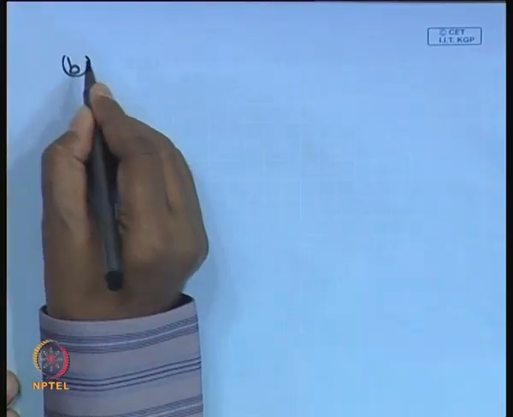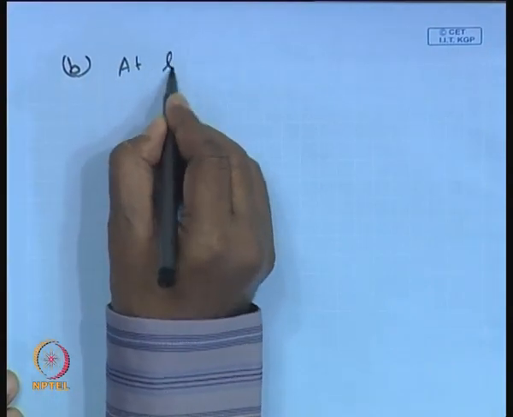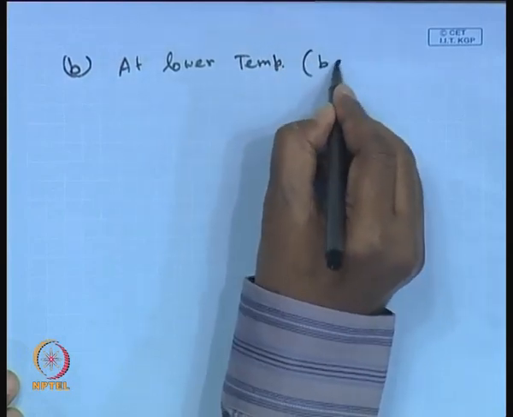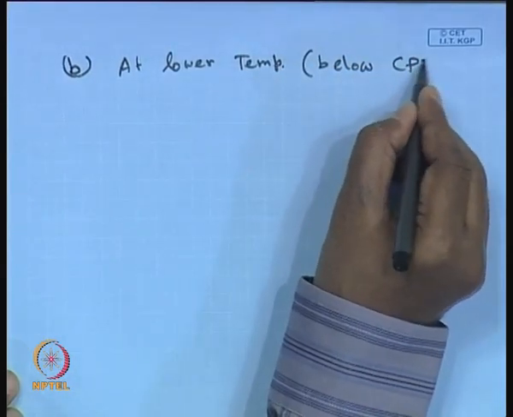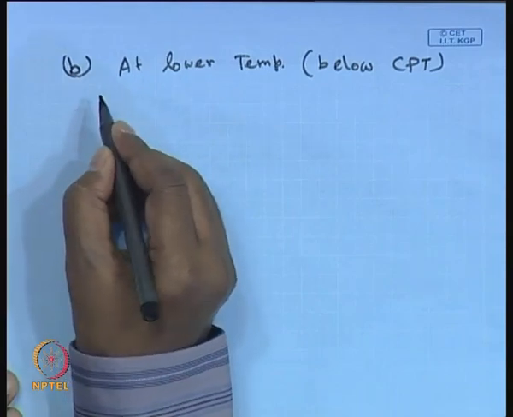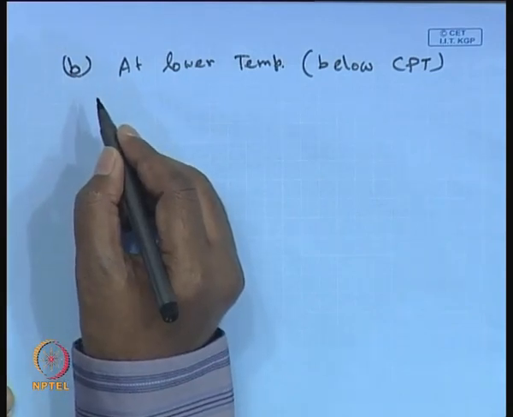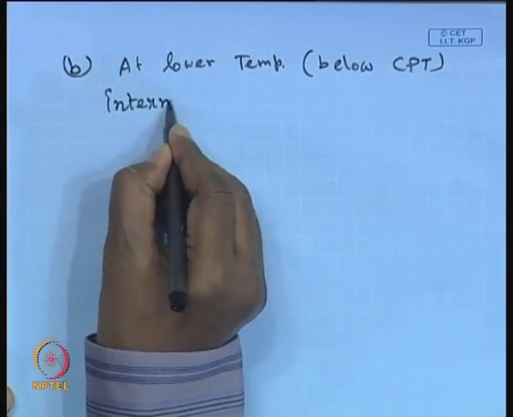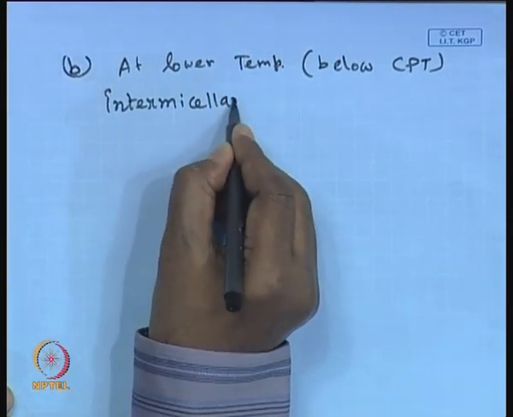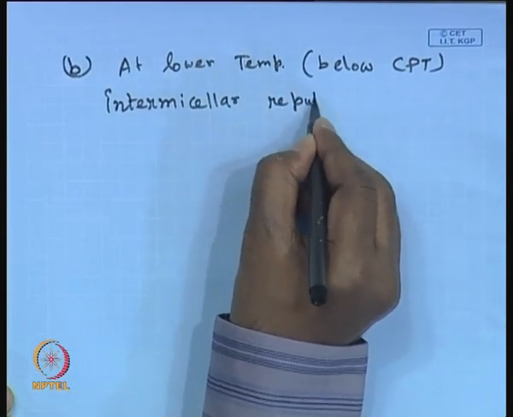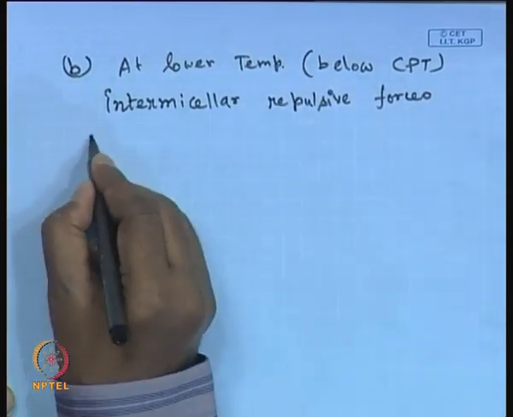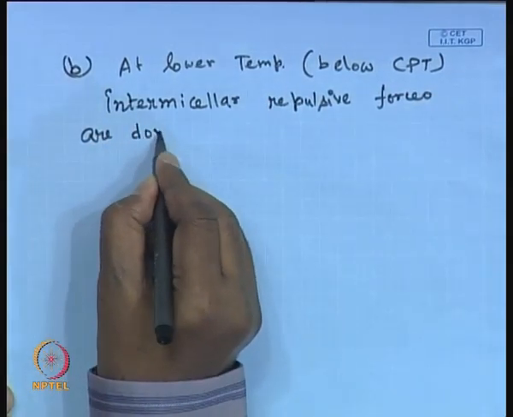Okay. Therefore, every micelle will have a tendency to repel water out of it. The second possible mechanism is that at lower temperature, meaning below the cloud point temperature, intermicellar repulsive forces are dominant.